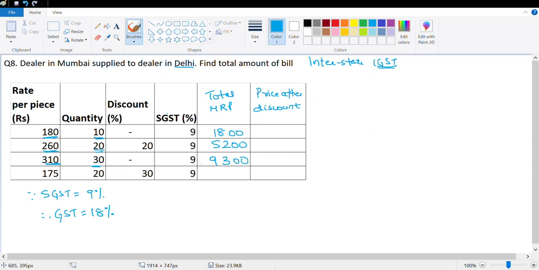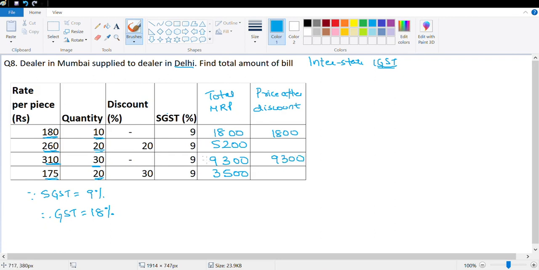And the last one, 175, and quantity is 20. 175 into 2, that's 350, which means the total price is 3,500. For item 1, there is no discount, which means the price after discount remains the same. Similarly, for item 3, there is no discount, which means the price after discount still remains 9,300.